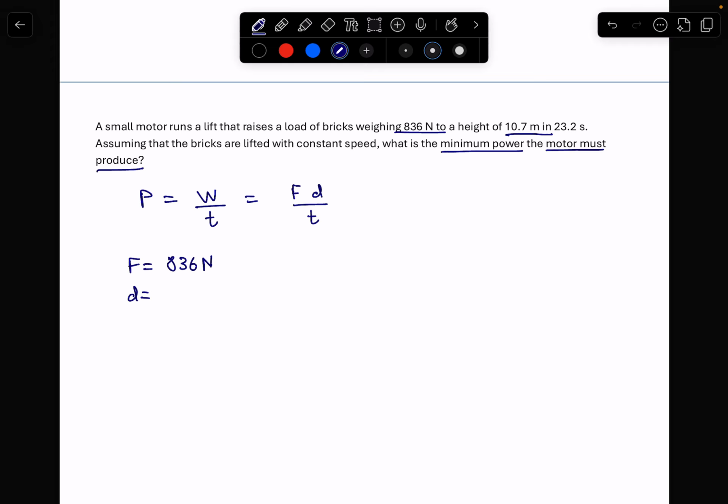My distance traveled is equal to 10.7 meters. Time is equal to 23.2 seconds. So in an ideal situation, the amount of power this particular motor has to generate in order to lift this load will only be whatever the result is here.